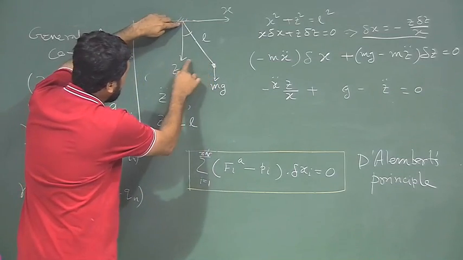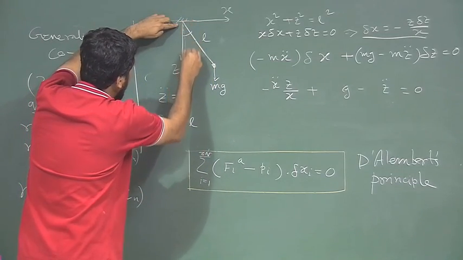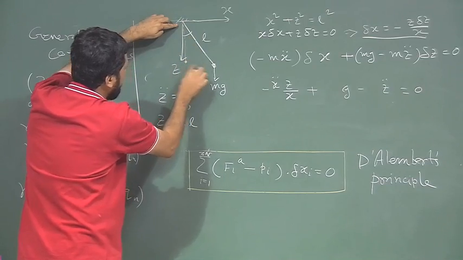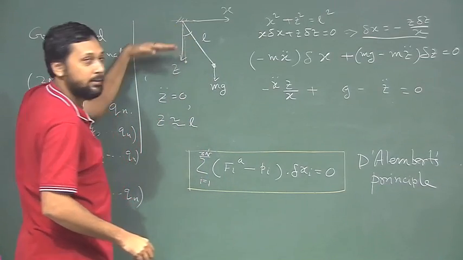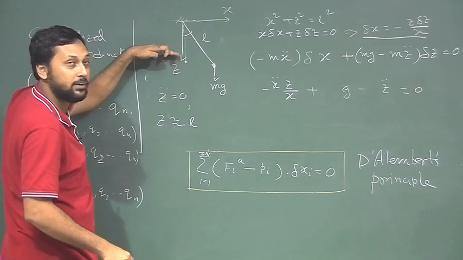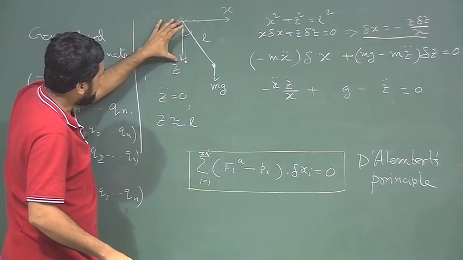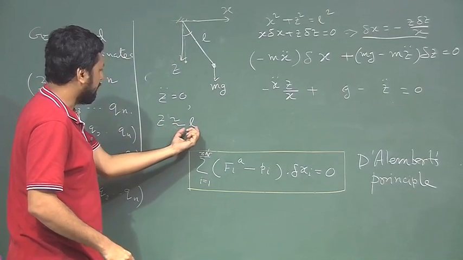That means the displacement is so small that the acceleration in the z direction is almost negligible, and the length z is almost equal to L.